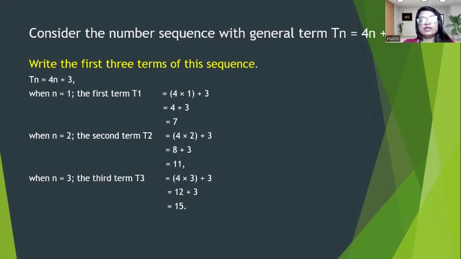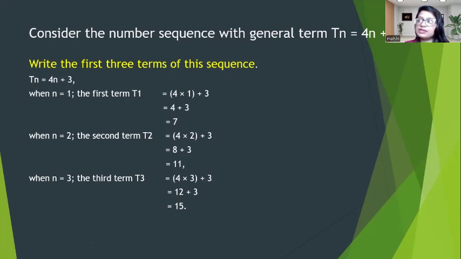When we consider n equals 2, we substitute n with 2. Then we multiply 4 by 2 and get 8, and we add 3. The answer is 11, which means the second term of this pattern is 11.